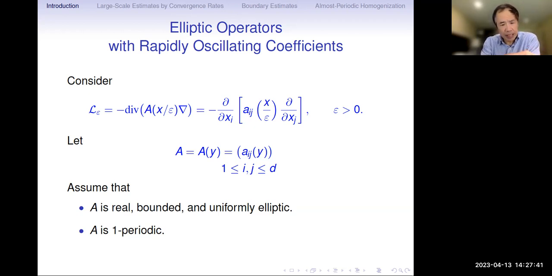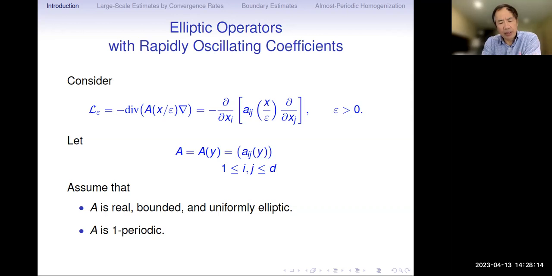Some of this result can be extended to complex coefficients. It's not a big deal there, but we are assuming uniform ellipticity. We also have a structural condition. Here, the simplest one we have is periodic. So A here is assumed to be one periodic, that is periodic with respect to the standard integer lattice.